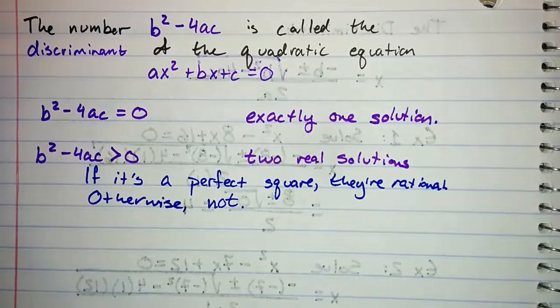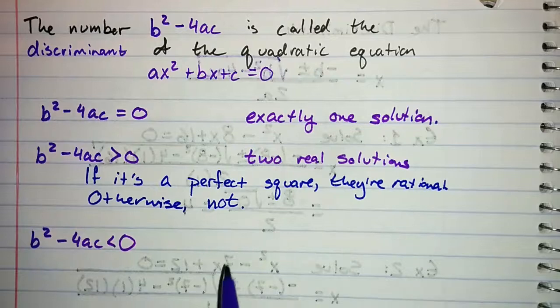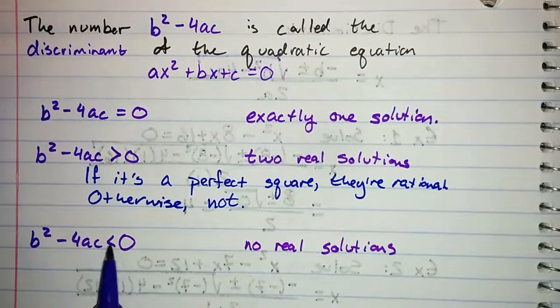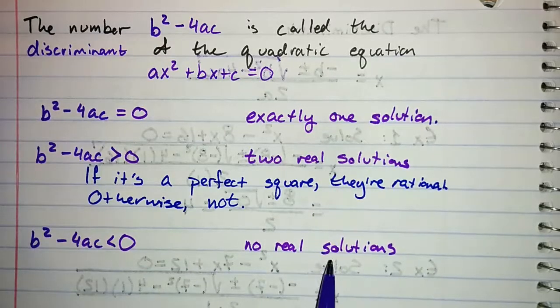Otherwise, they're not rational. And finally, if it's negative, then we have no real solution. So we have one real solution, two real solutions, or no real solution, depending on the value of the discriminant. And sometimes that's all we want to know.